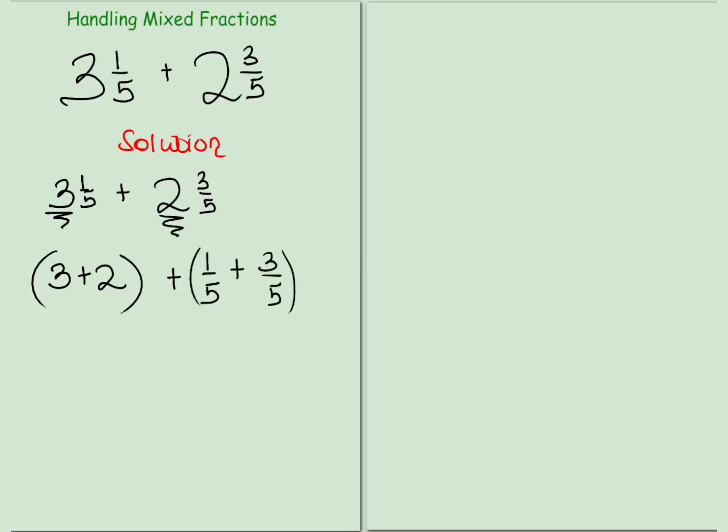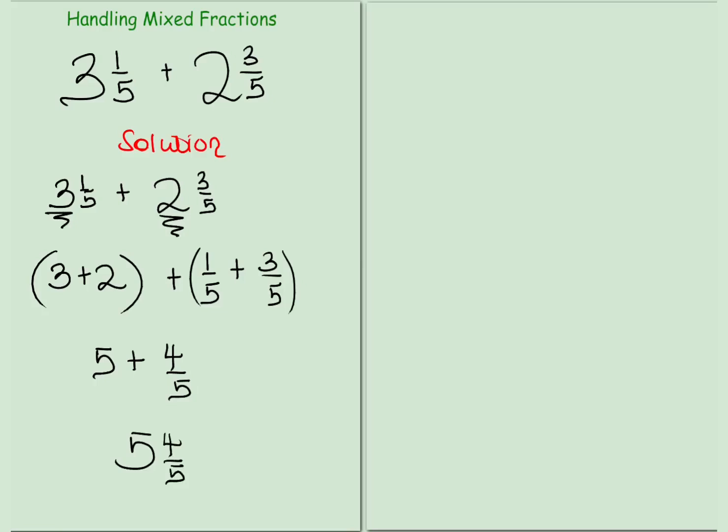You see. So 3 plus 2 gives us a 5. So you have 5. Then these are like fractions. We've already looked at how to add like fractions. So that gives us 4 over 5. You see. And simplifying it, we have 5 whole number with a fraction 4 over 5.